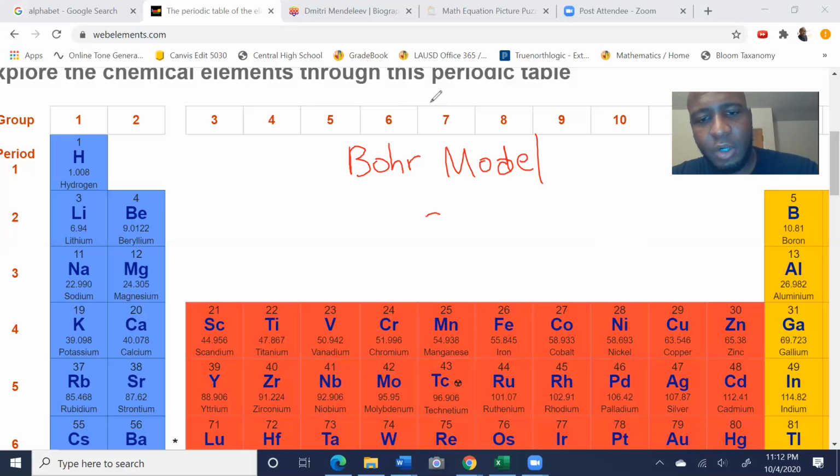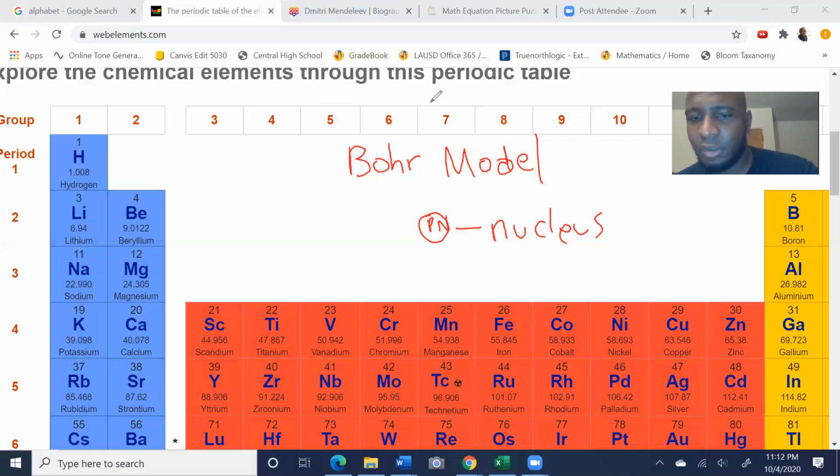It takes the nucleus, the middle of an atom. So any one of these elements that are on here. The nucleus, let me make sure I spell this correctly. The nucleus is going to have the protons and neutrons.